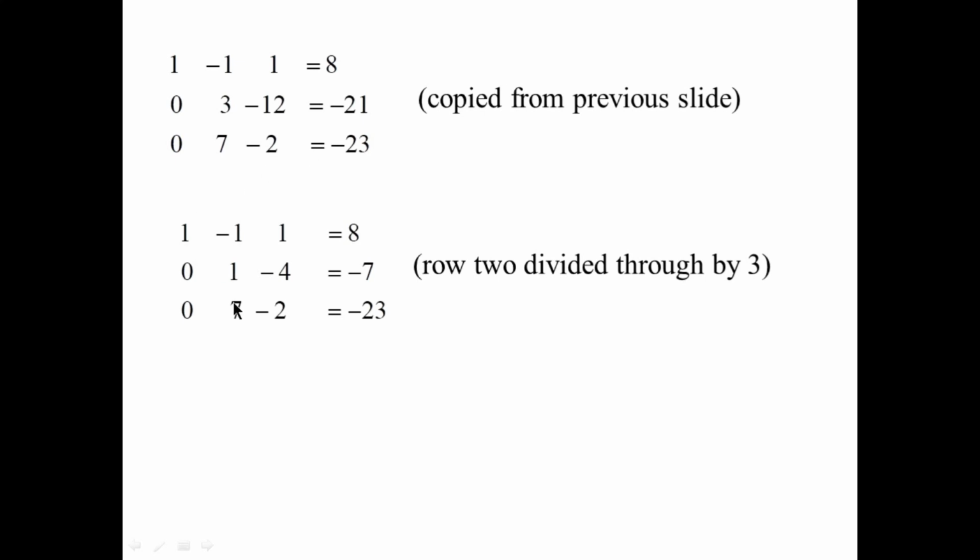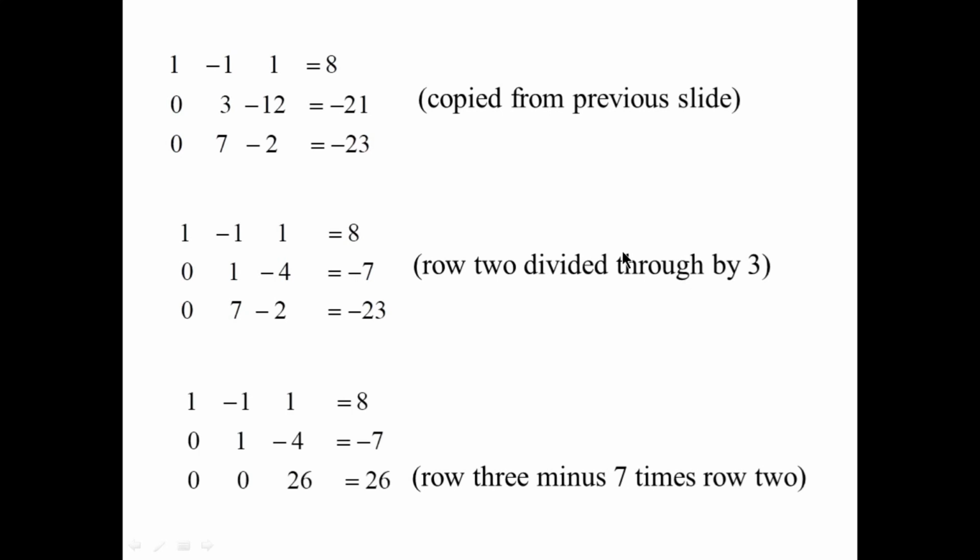And my next task is to turn this into a 0. And our plan will be, take this row 3 and subtract 7 times row 2, because that won't mess up this. So 7 minus 7 times this will be our 0 that we need here. We need a 0. So row 3 minus 7 times row 2. Everything else copied.